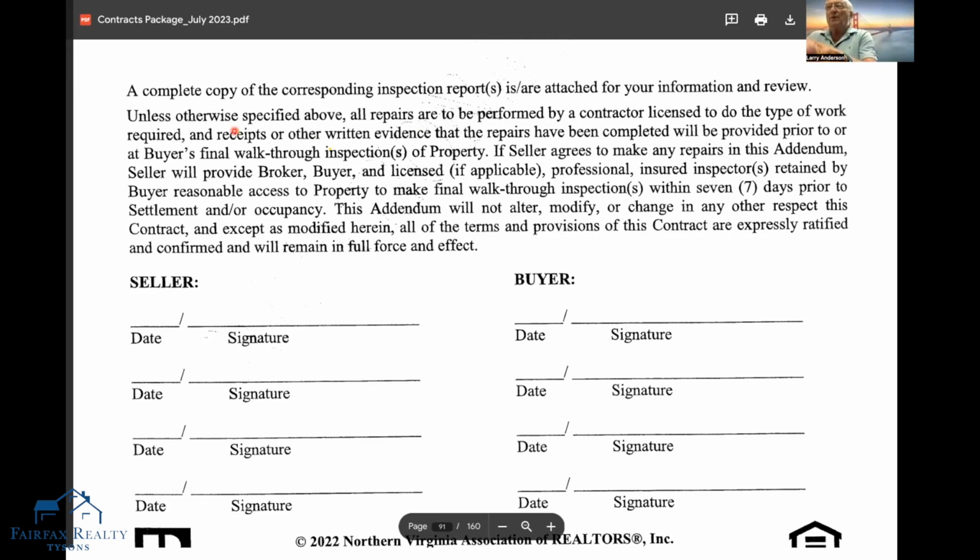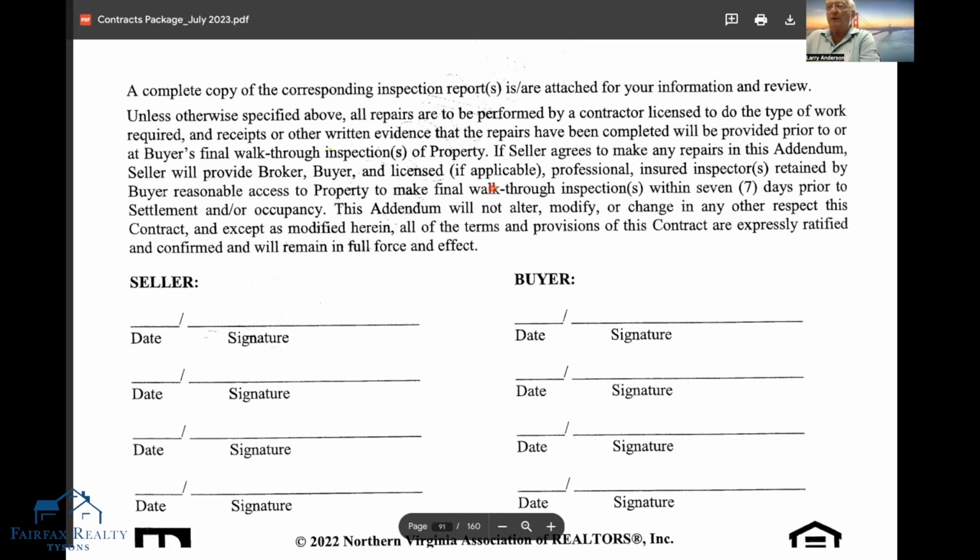Okay. Now, here's the part that's going to get kind of dangerous. If the seller agrees to make any repairs in this addendum, then the seller will provide buyer or broker, professional insured inspectors retained by buyer reasonable access to the property to make final walkthrough inspections within 7 days prior to settlement and or occupancy.